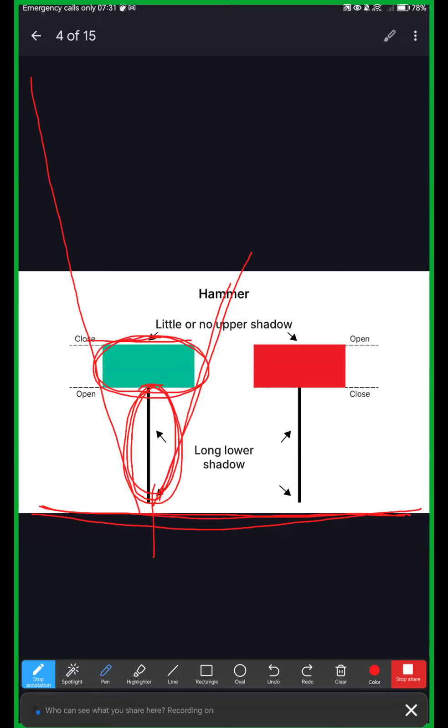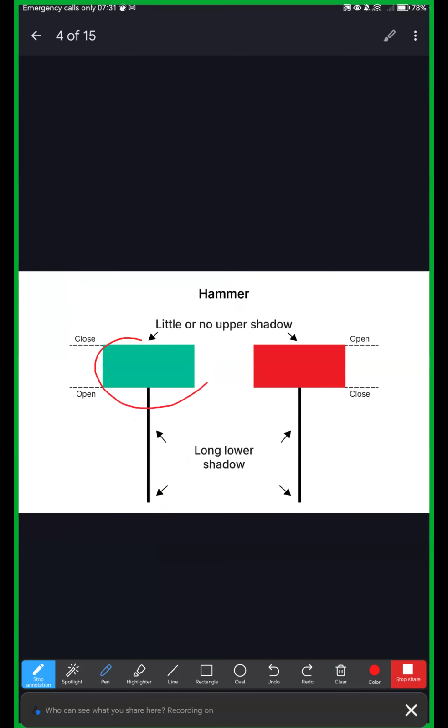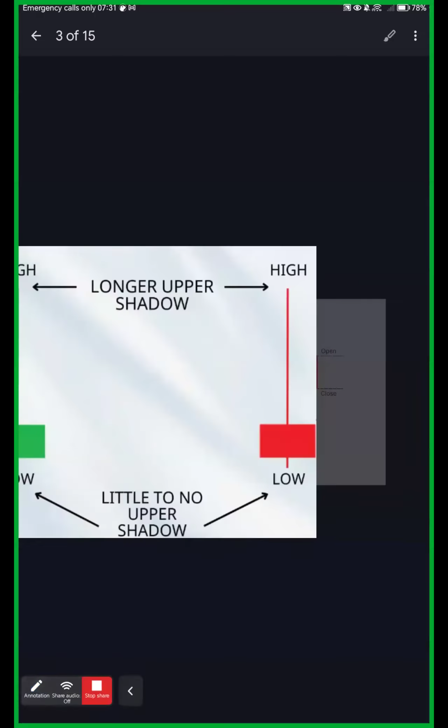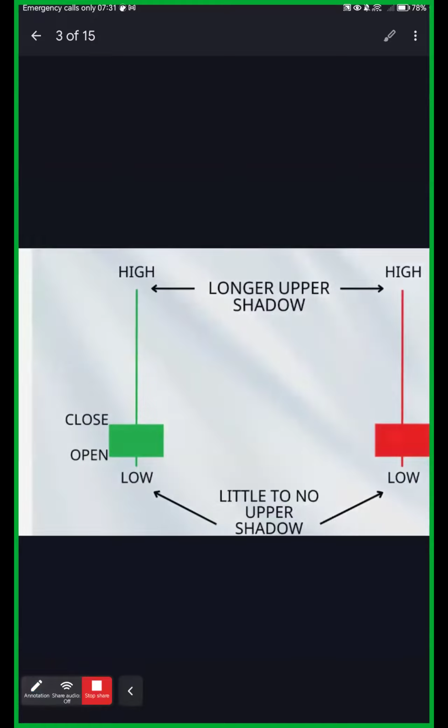The doji, you can see a very small thing. The body is so small, but with a hammer, you can properly see that this is a head. Please don't confuse the hammer and the Dragonfly Doji. I want you to see the difference here.